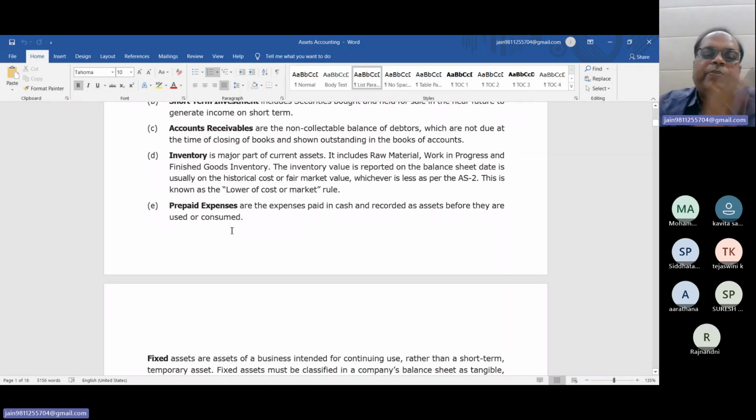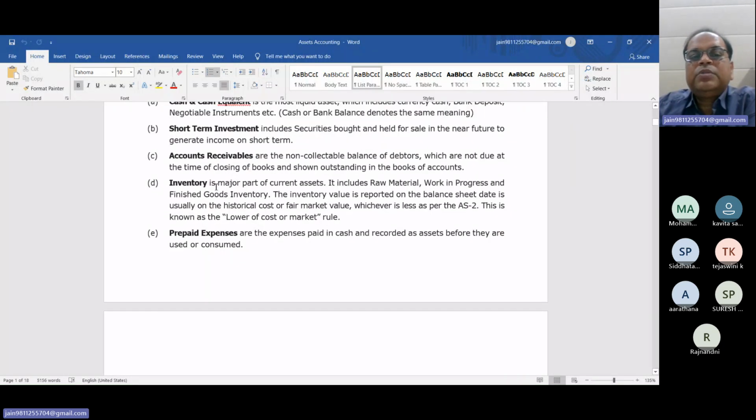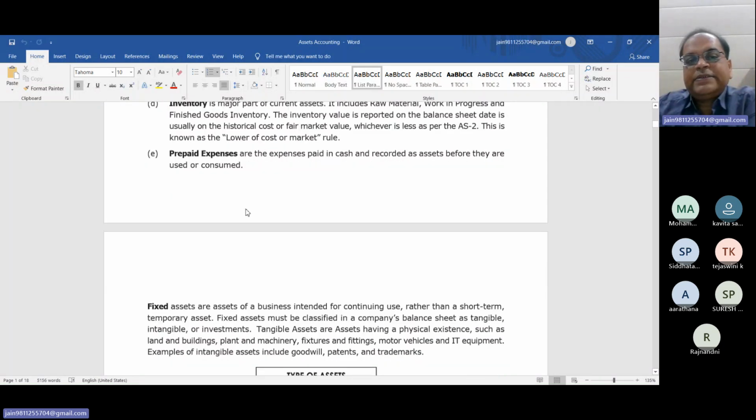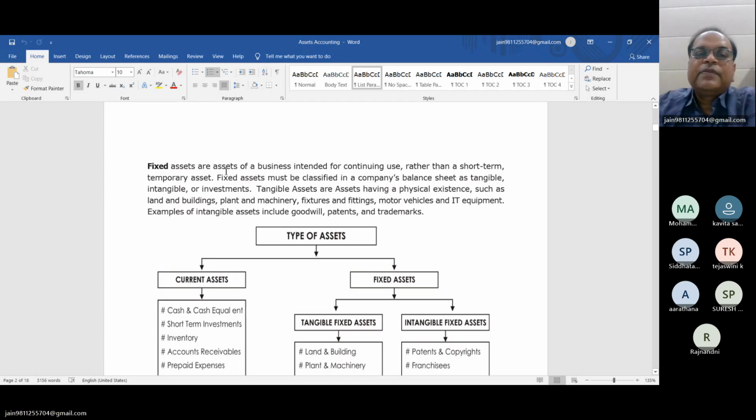So this is called prepaid expenses. Clear? So these are some examples of current assets: cash and cash equivalent, short-term investment, accounts receivable, inventory, and the last one is prepaid expenses. Clear?